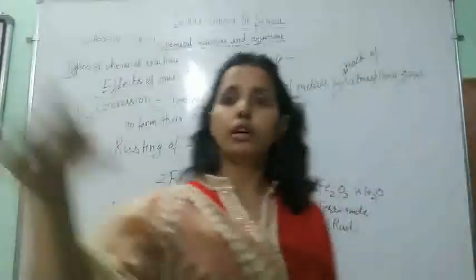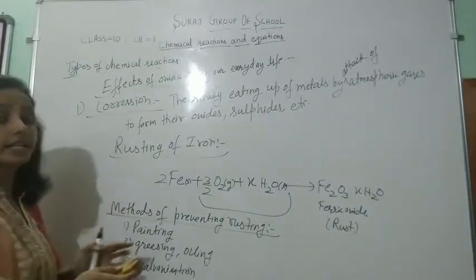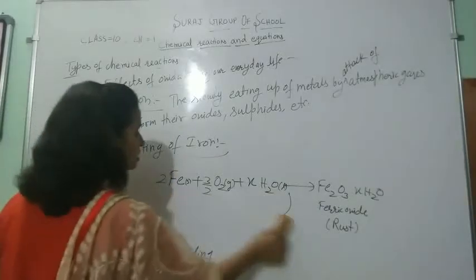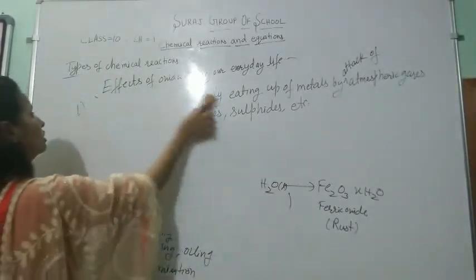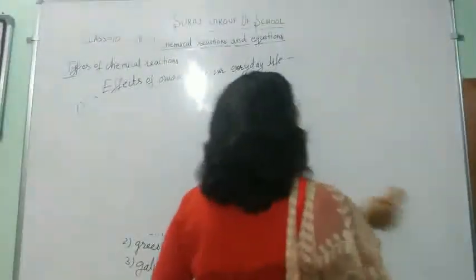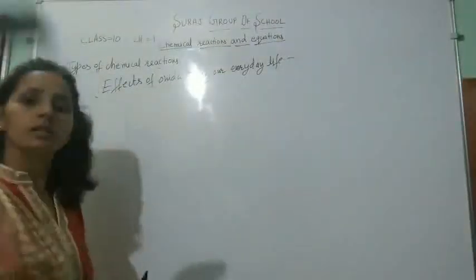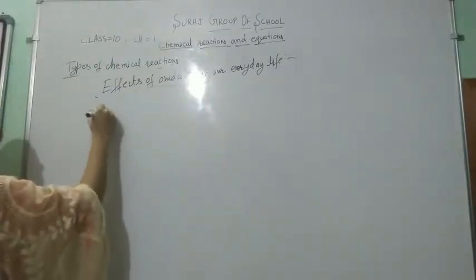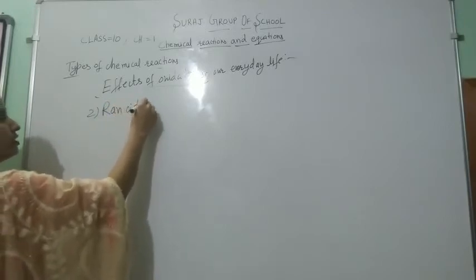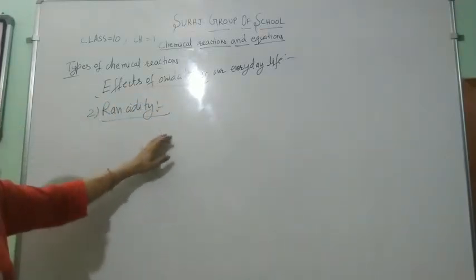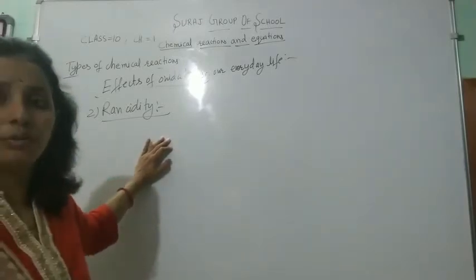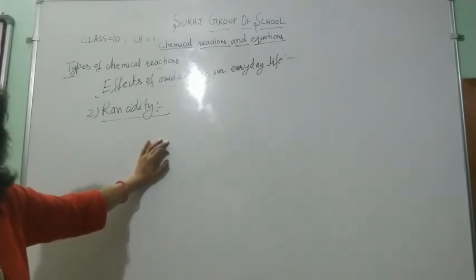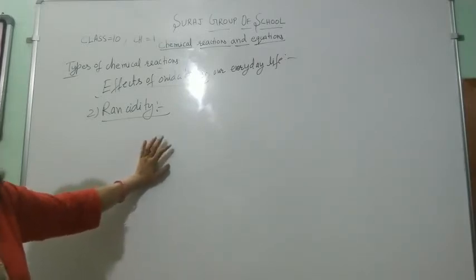The last topic of this chapter is rancidity. First is corrosion and second is rancidity. Rancidity is the oxidation of fats or oils.